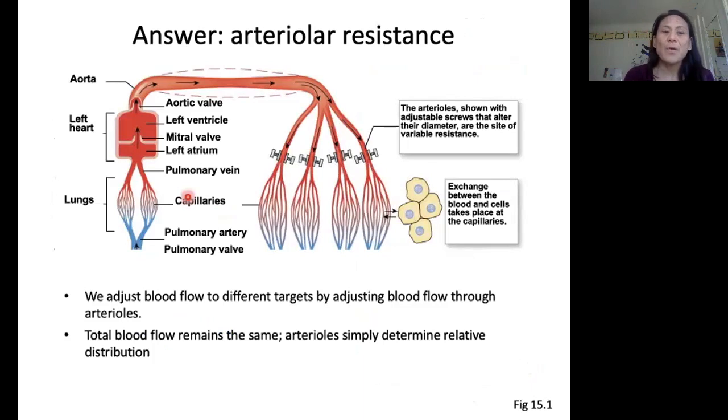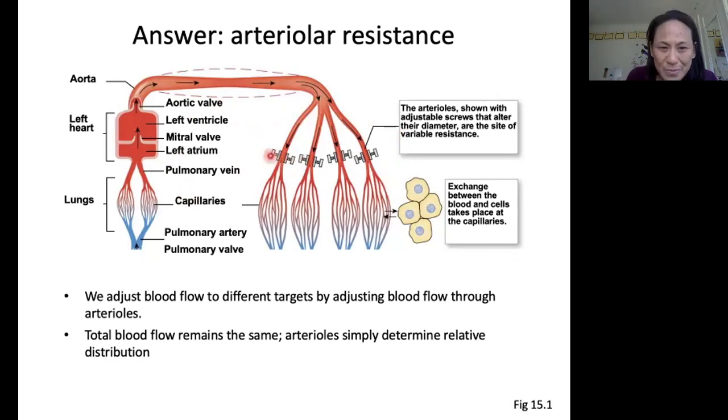So we adjust the blood flow through our arterioles, and in so doing, we adjust the blood flow going to the targets that those arterioles lead to. That's what's illustrated schematically in this cartoon.